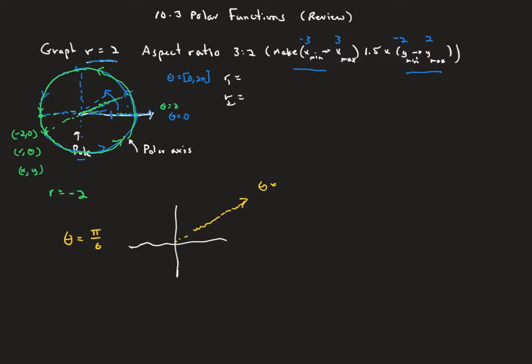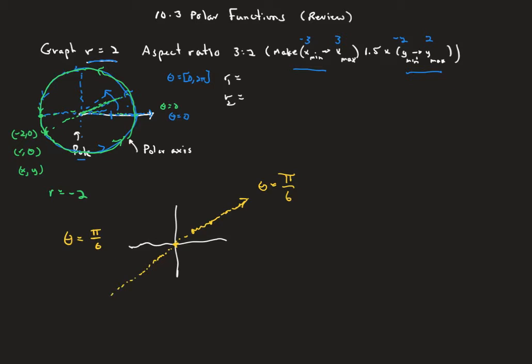So at the angle of pi/6, we're going to let R be anything it wants because there is no restriction on R. So if R is 0, we'll get this point, and then 1 and 2 and all of the positives. But when we get negative values for R, we're going to shoot through the pole and get something that extends down into quadrant 3.